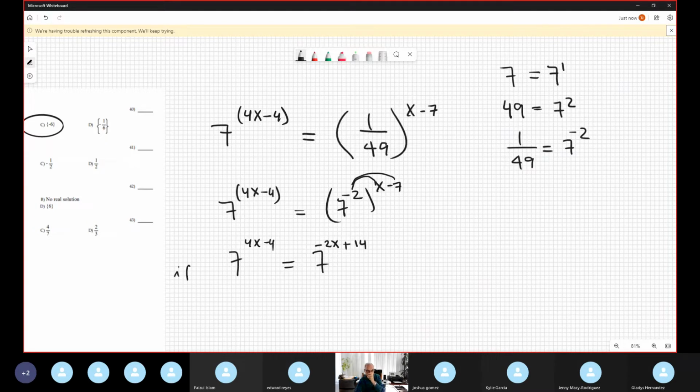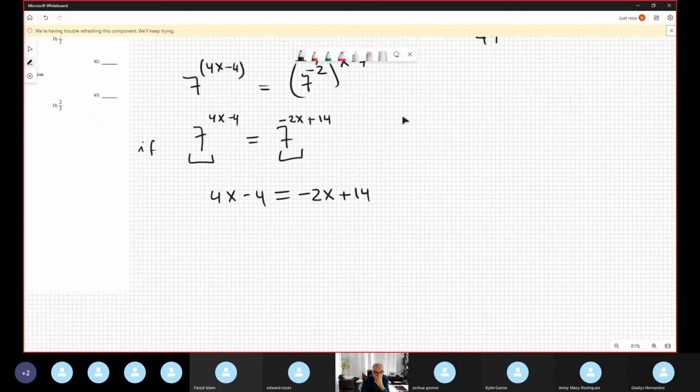Now, if you have two exponentials and the base is the same, it's because the exponent is the same. And you have this equation that, by the way, is linear. Okay, let me try. This is 4x plus 2x is equal 14 plus 4. This is 6x equal 18.